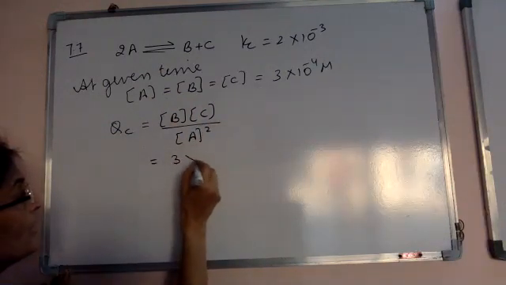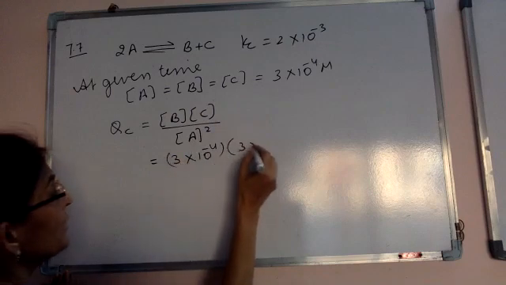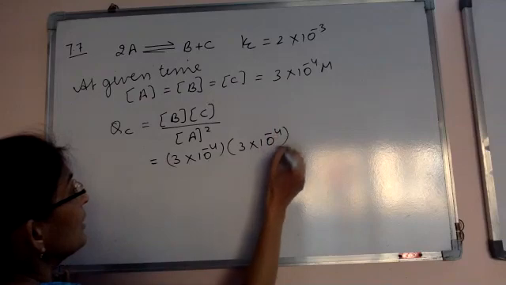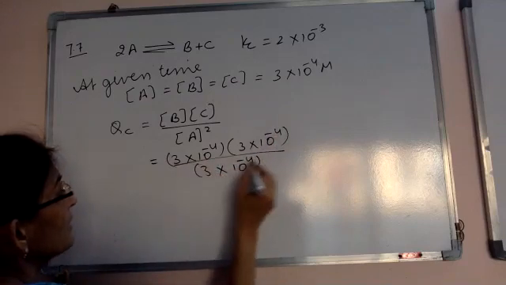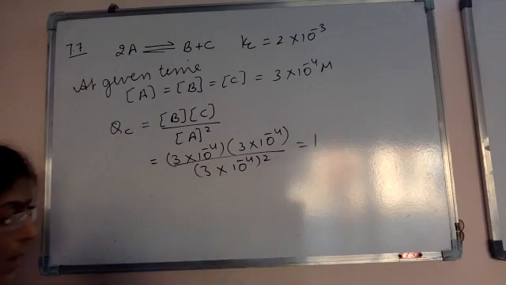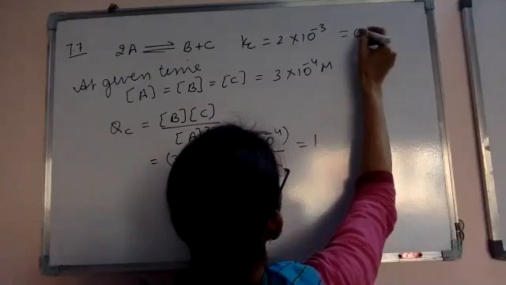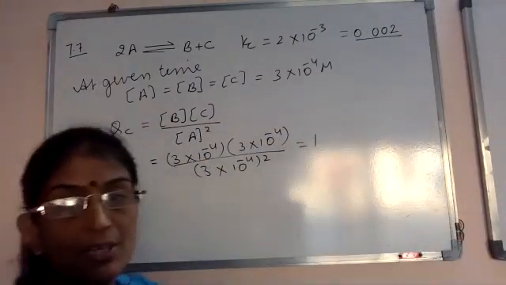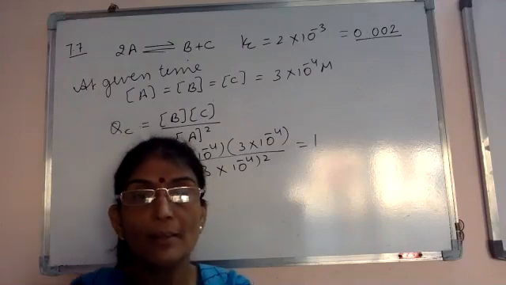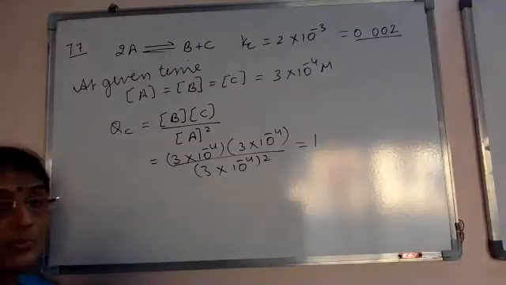All are same. 3 into 10 to the power minus 4, this is also 3 into 10 to the power minus 4, upon 3 into 10 to the power minus 4 का square. सब cancel हो जाएगा. आंसर कितना आएगा? 1. QC is 1. And what is KC given? 0.002. 2 into 10 to the power minus 3 means 0.002. And QC is 1.